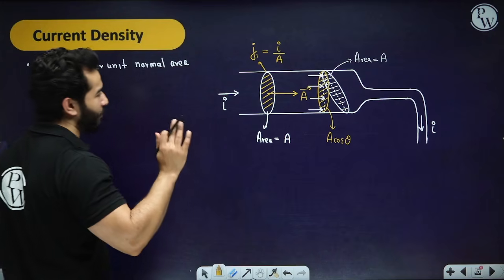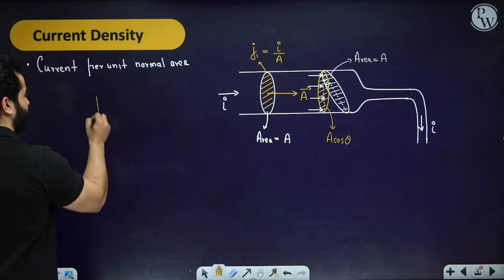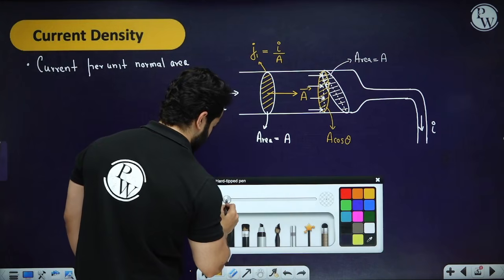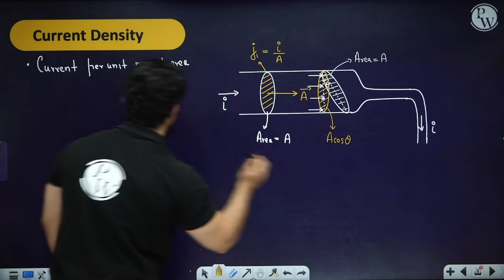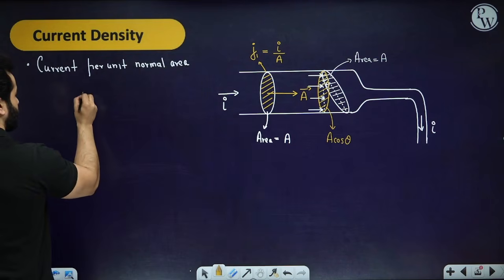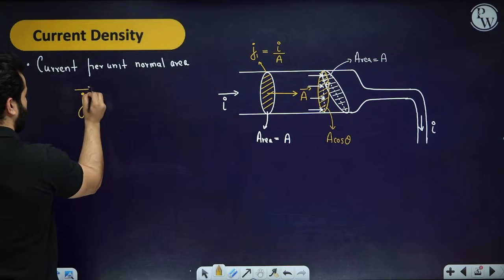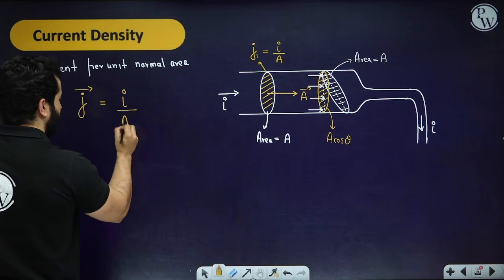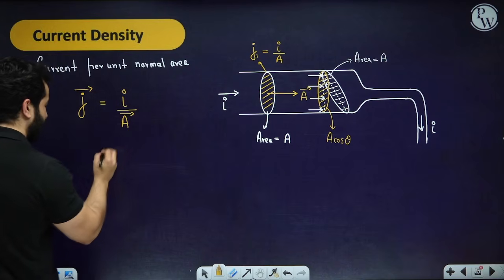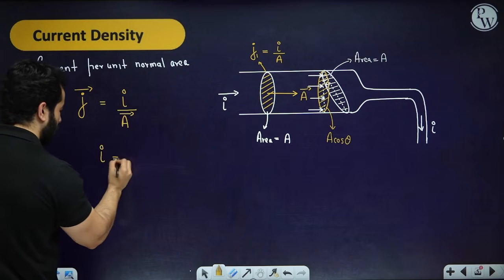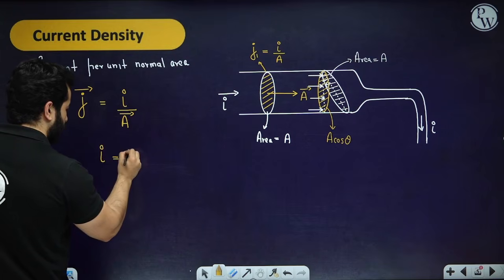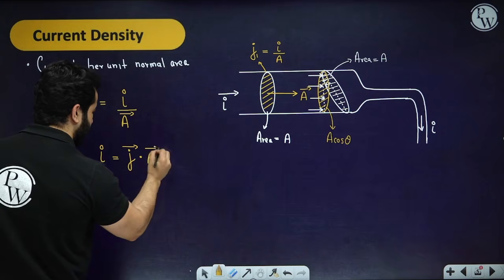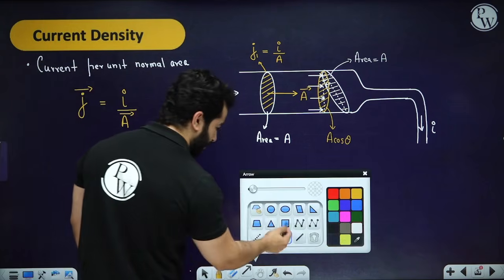So now I'm going to define current density as J equals current upon area vector, and J is a vector quantity. Or I can write current as the dot product of two vector quantities, and hence we can say that current is a scalar quantity, right?